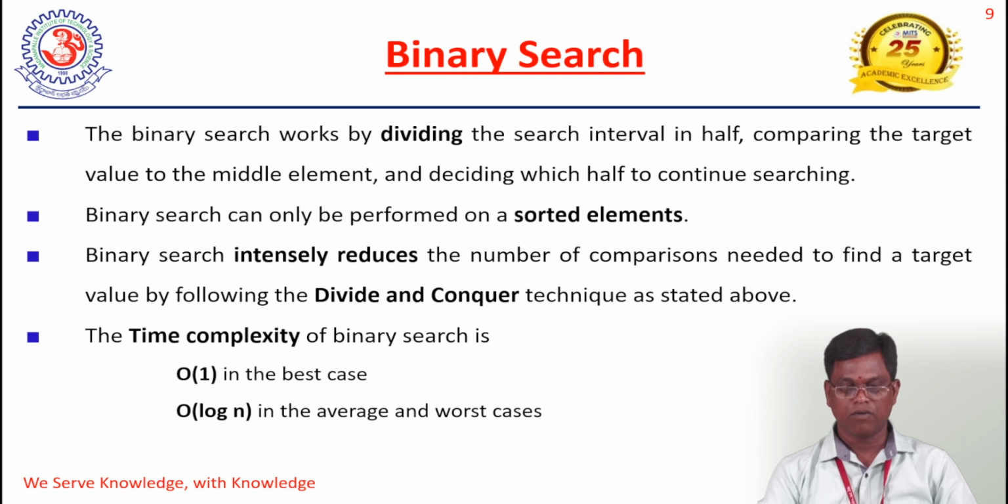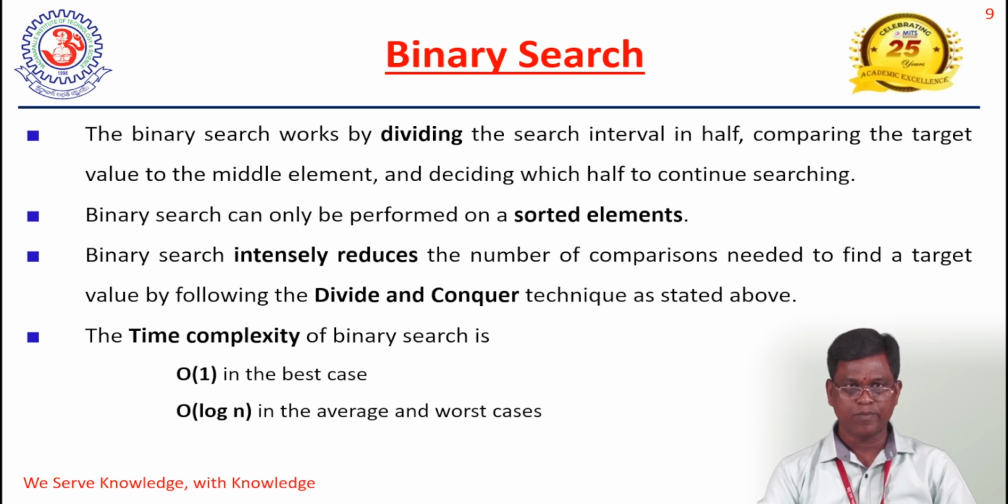Whatever list of elements we give, it will be divided, and based on the target element's comparison with the middle element, the search continues either in the lower half or in the higher half of the elements.